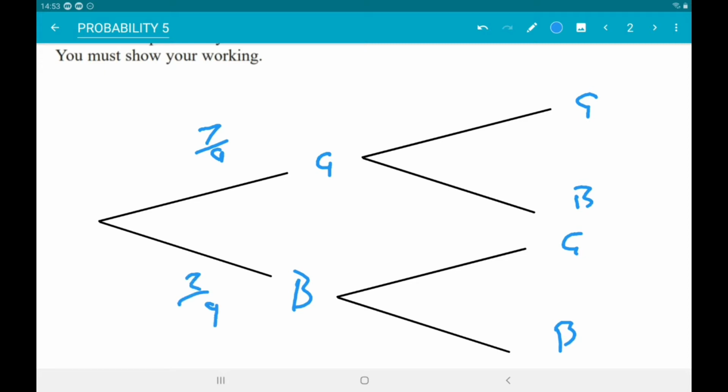Now, on her second counter, if she has taken a green, there are now 6 green out of 8 counters. And then blue is 2 eighths.